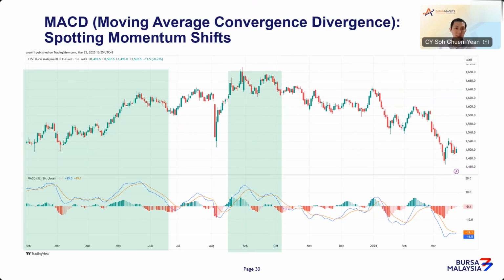Similarly, you can see another example, the second one, where again your MACD line is above the zero level, meaning it is an uptrend. Now, of course, for this second highlighted green area, are you able to see that of the two peaks of this MACD, the second peak is actually lower than the first peak?